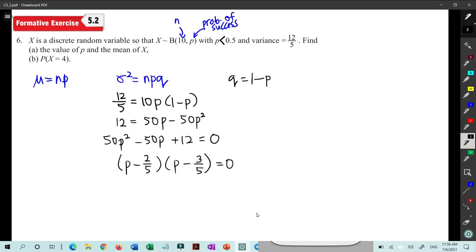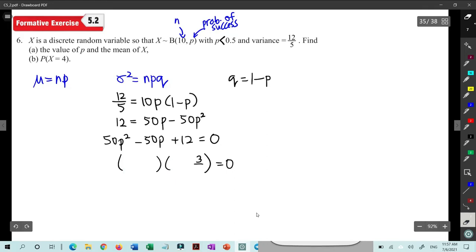But in exam you cannot write like this, because when you expand p with p, meaning when you multiply p with p, you only get p square, not 50p square. So therefore you have to rewrite the information like this: 5p minus 2, 5p minus 3.